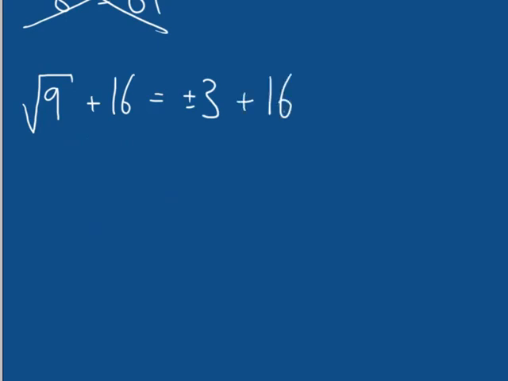What have I done here? I said that we must evaluate our exponents first. Root 9 is a square root, that is an exponent. We must evaluate this part of our expression before we evaluate that addition. So I've evaluated root of 9, that gives us plus or minus 3, and then we add that to 16.